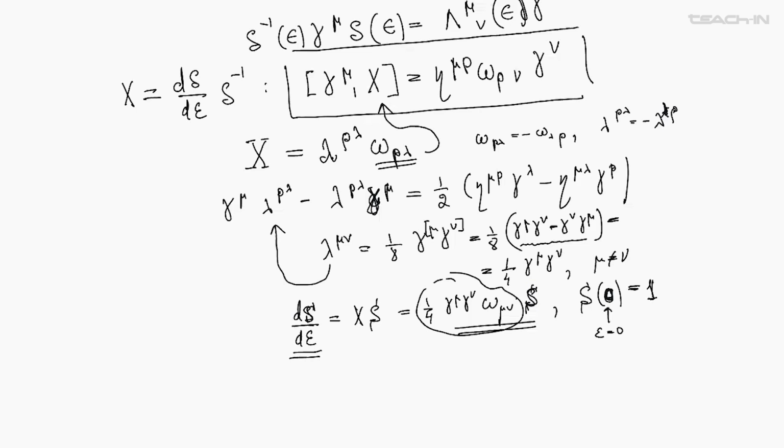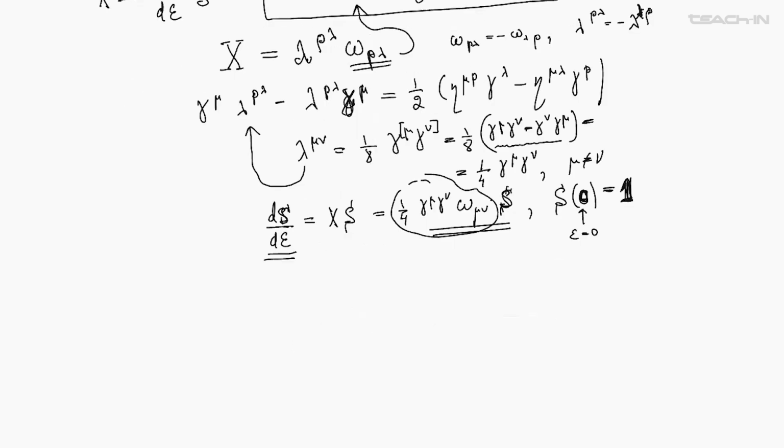So this differential equation, together with this initial condition, has a unique solution. And this unique solution, as you can see, is simply given by the exponential of the matrix 1/4 gamma mu gamma nu omega mu nu, multiplied by epsilon.